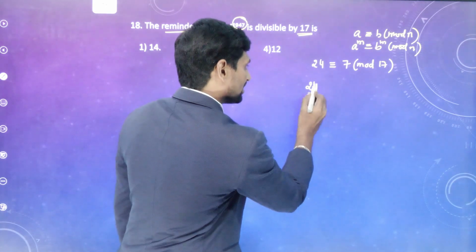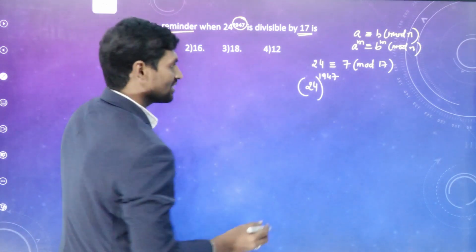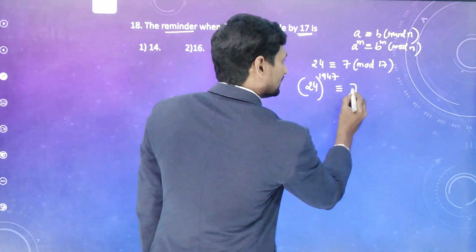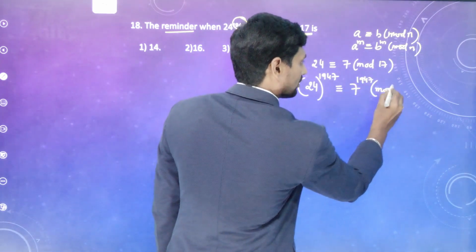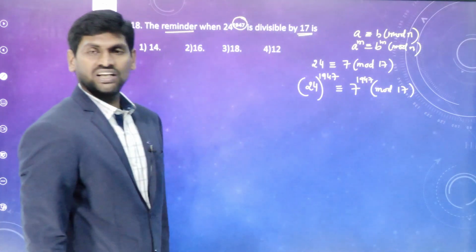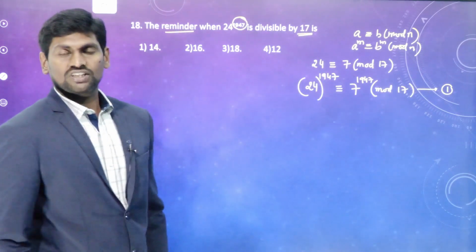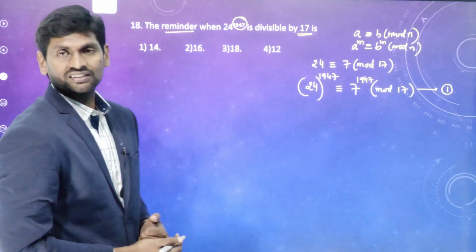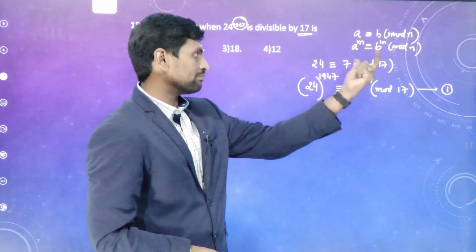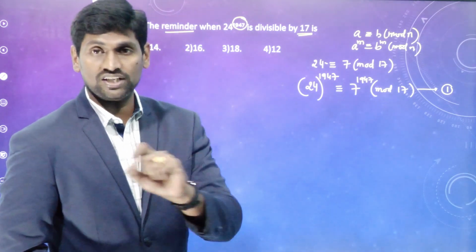So on both sides I am applying the powers: 24 power 1947 is congruent to 7 power 1947 mod 17. Let us consider this equation 1. Okay, children, I am just writing 24 is congruent to 7 mod 17, because 24 minus 7 is divisible by 17 according to the congruence rule. Clear?